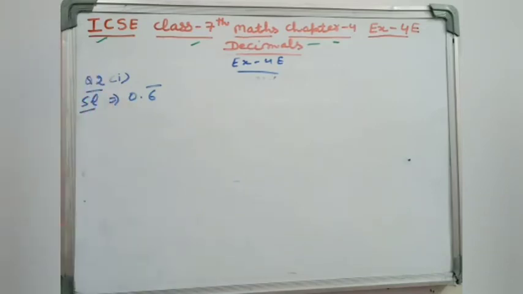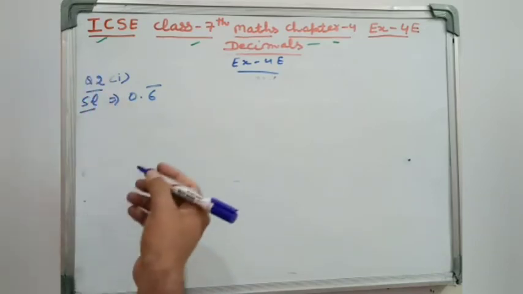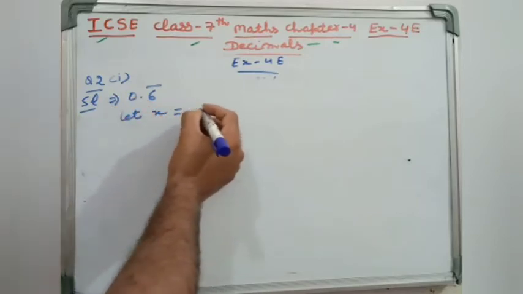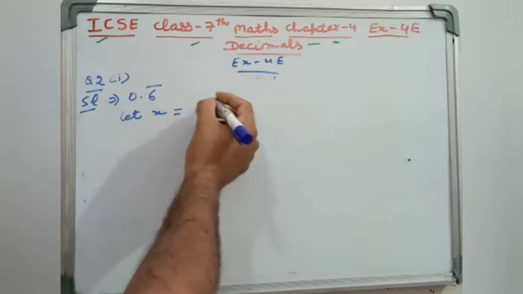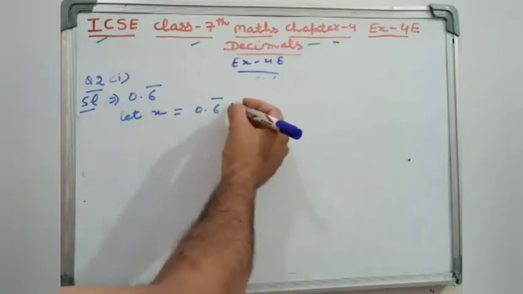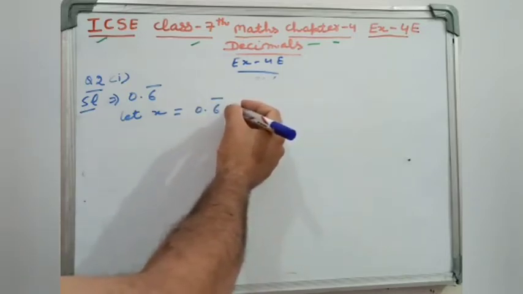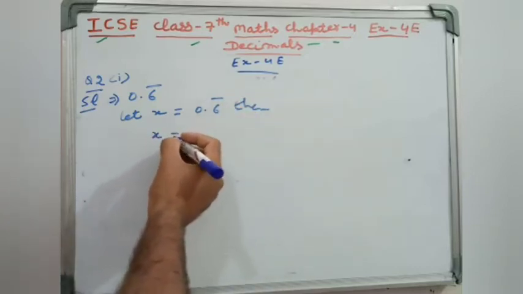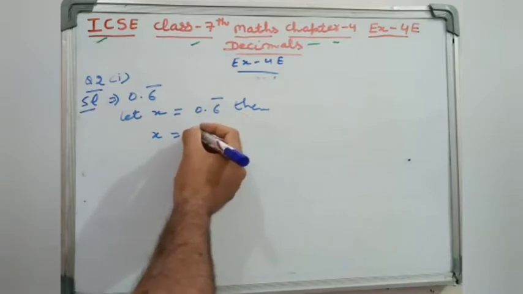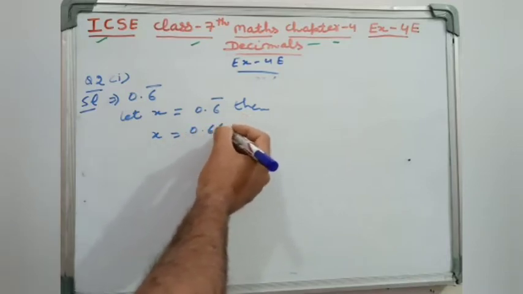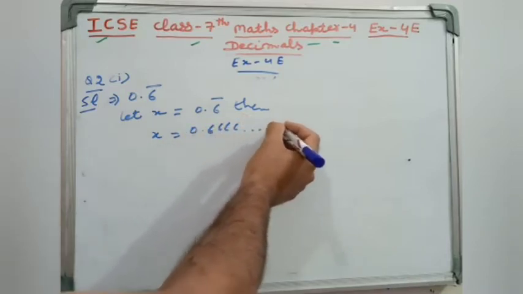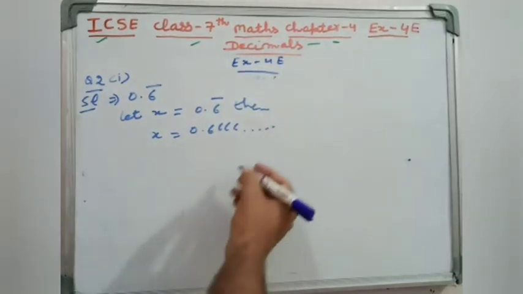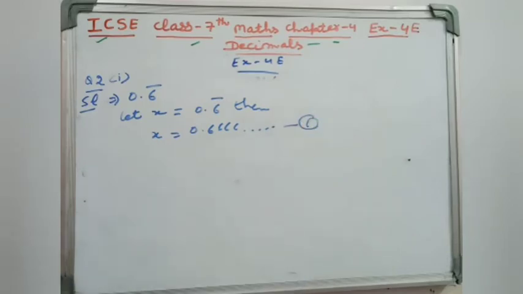For that, we assume that x equals 0.6 bar. We can write this x as 0.6666 and so on. We will call this our first equation.